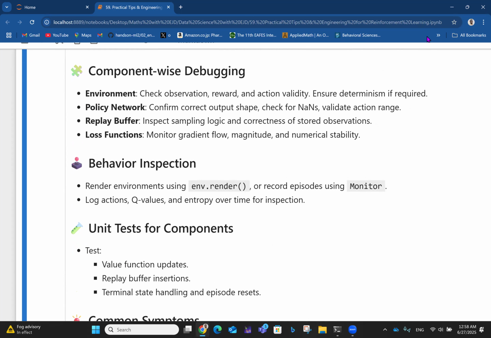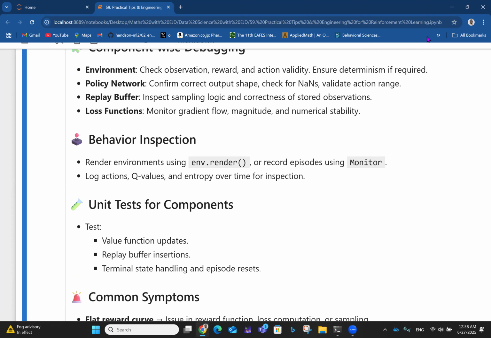Then the policy network, where you confirm correct output shape, check for NaN (not a number) data, and validate action range. You can also check the replay buffer, where you inspect sampling logic and correctness of stored observations. And then loss functions, where you monitor gradient flow, magnitude, and numerical stability.